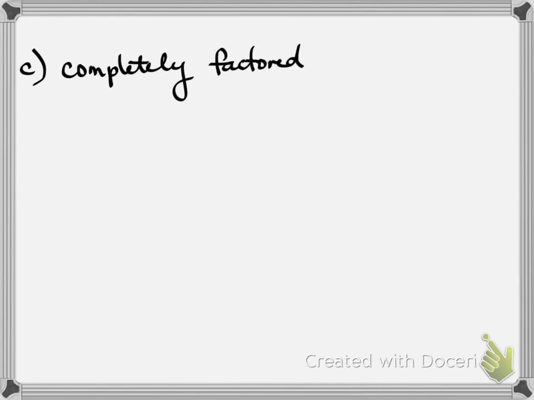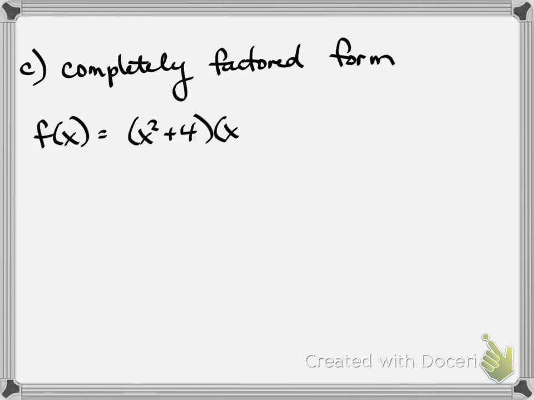Alrighty, example C. Write it in completely factored form. So I just have to keep rewriting, but you don't. x squared plus 4, x squared minus 5. That broke down to plus or minus 2i and plus or minus square root of 5.